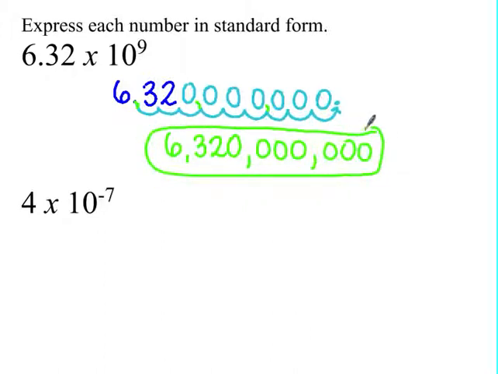Now the next one says 4 times 10 to the negative 7th. So I'm going to start with the number 4. And I'm going to put a decimal place. What does that negative 7 mean I do? Go to the left 7 because I want to make it a small number. 1, 2, 3, 4, 5, 6, 7.